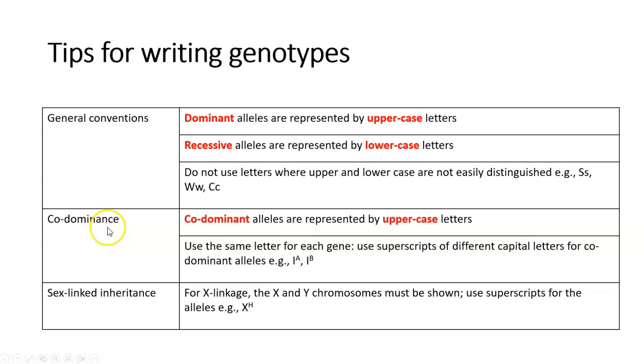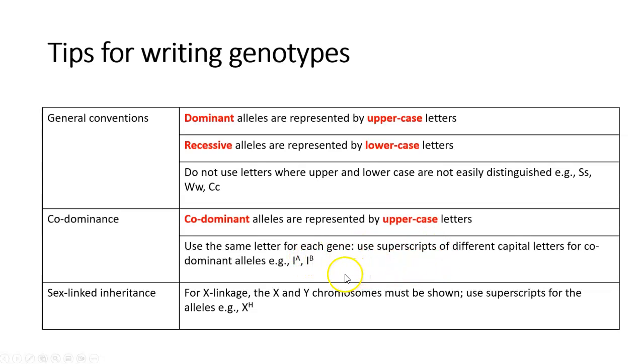When we're looking at codominance, both alleles are represented by uppercase letters. Now, we may not use the same letters. For example, in the case of the MN antigens for blood grouping, it was M and N, and the same letters can be used for different genes.